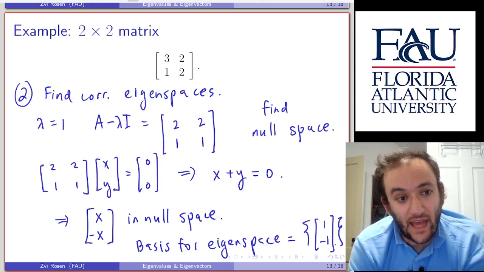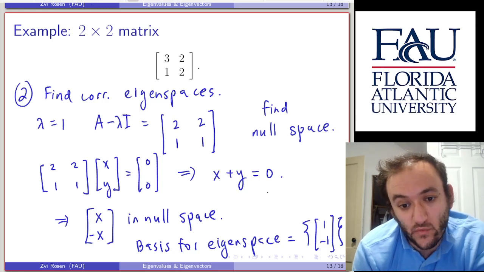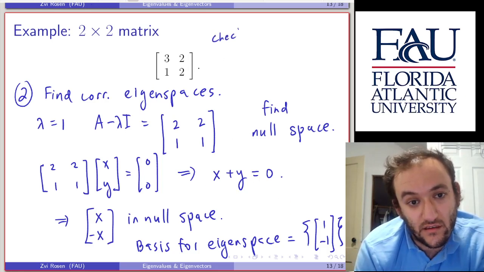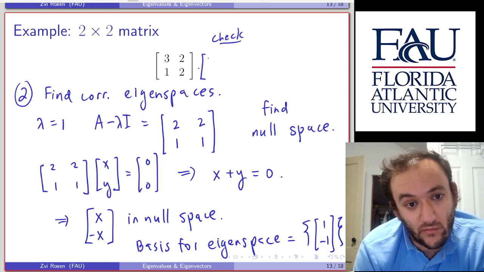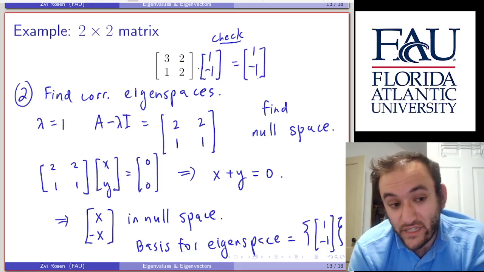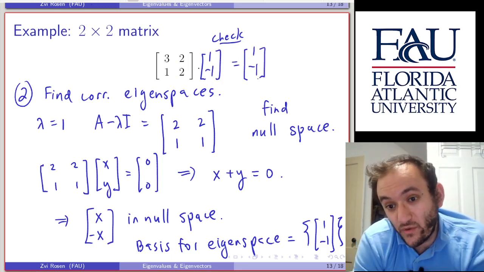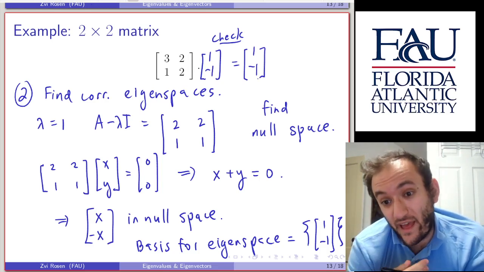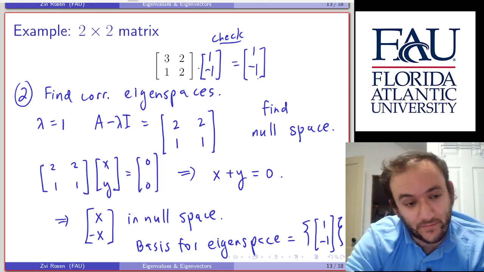And if you plug 1, minus 1 into this, multiplying 1, minus 1 here, we get 3 times 1 minus 2 equals 1, and 1 times 1 minus 2 equals minus 1. So indeed, this has lambda equals 1, because when you plug in a specific vector, you get the same vector back. It gets scaled by 1.